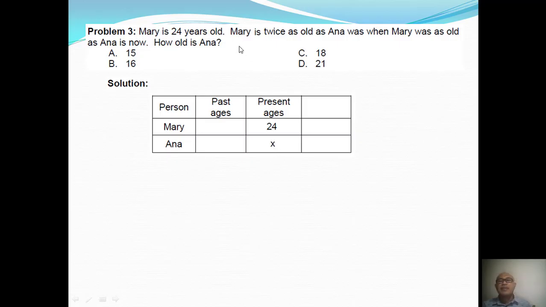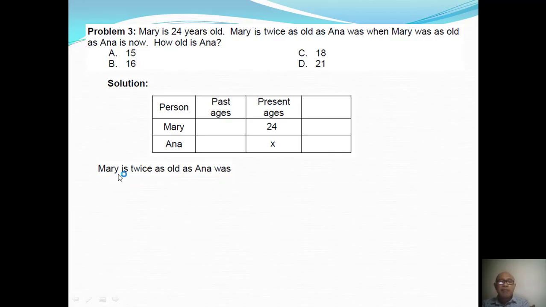Then we have the statement, Mary is twice as old as Anna was when Mary was as old as Anna is now. Okay? So, how is this? Let's see. When we write the statement, Mary is twice as old as Anna was when Mary was as old as Anna is now.